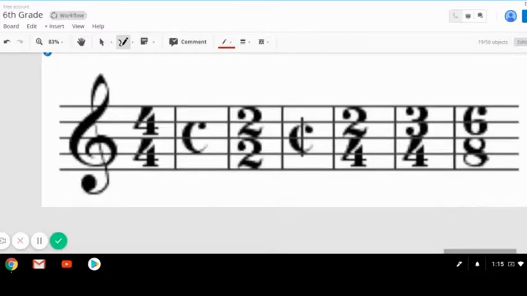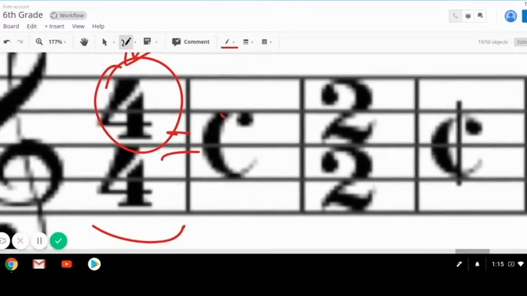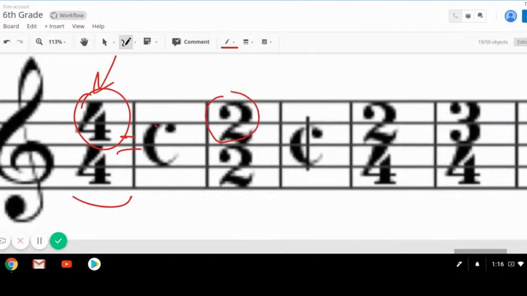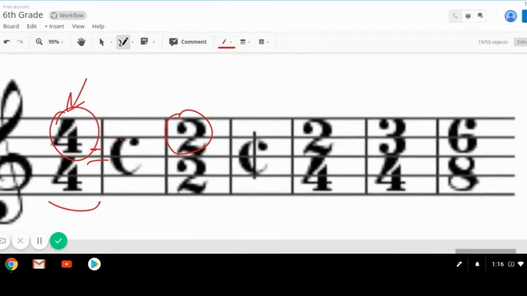There are other time signatures. This piece right here, the first time signature here says 4/4. That means there are 4 beats to a measure. That's the top number. Common time we'll go into later, but common time is the same as 4/4. This equals 4/4, common time. C stands for common time. 2/2 means that there are 2 beats in a measure, so we would count to 2.